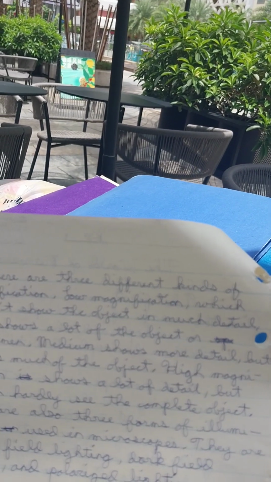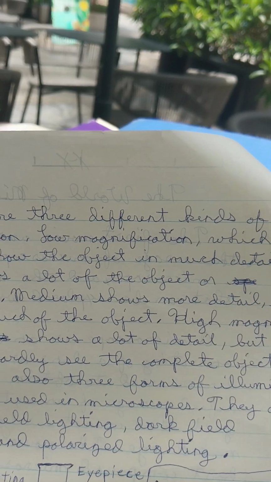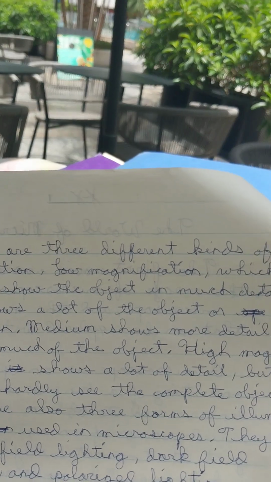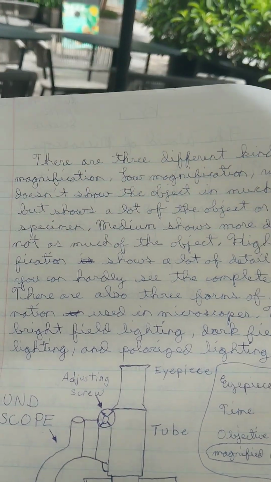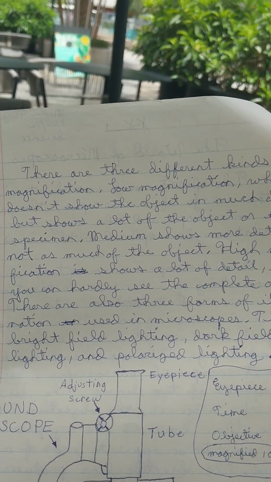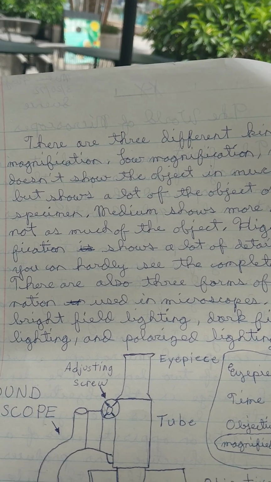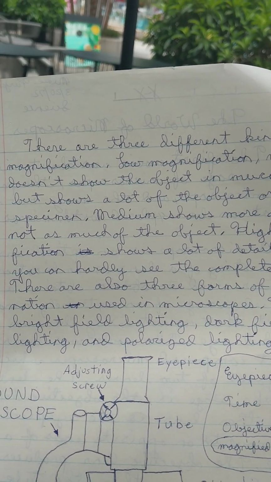There are 3 different kinds of magnification. Low magnification, which doesn't show the object in much detail, but shows a lot of the object or specimen. Medium shows more detail, but not as much of the object. High magnification shows a lot of detail, but you can hardly see the complete object.